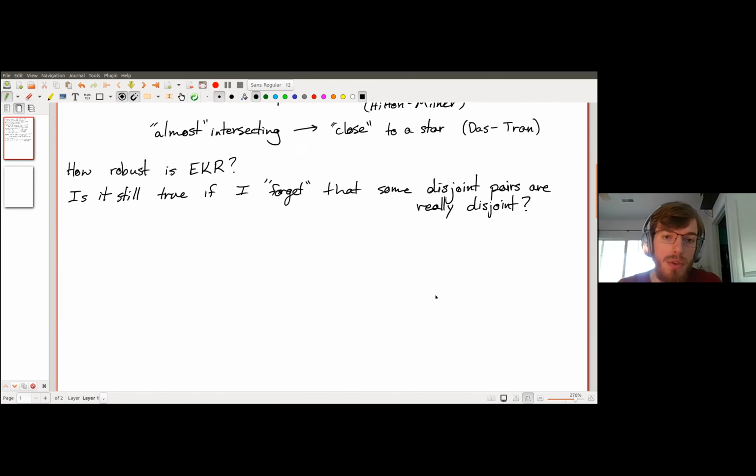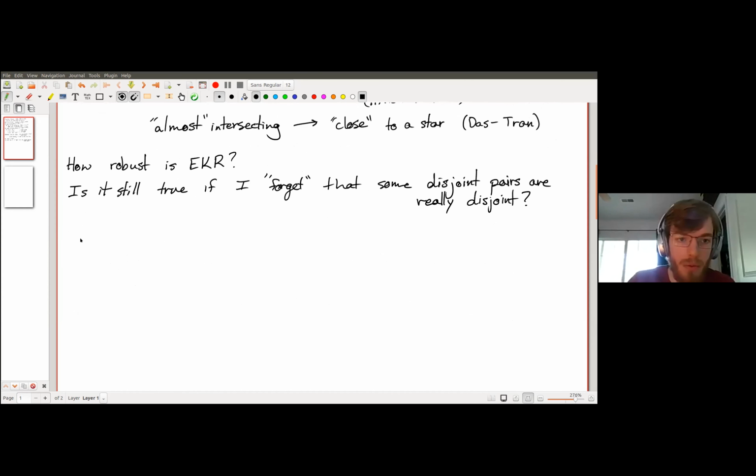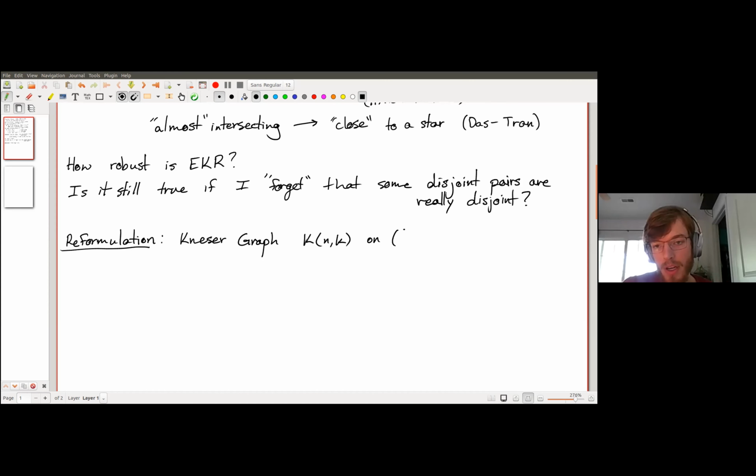Okay, so this is our lead. We're wondering how robust is EKR, so let's reformulate it. We're going to define the Kneser graph K(n,k) to be the graph on all the k-sets of 1 up to n with the disjointness relation.